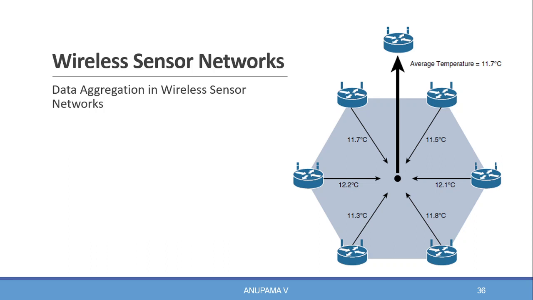Data aggregation in wireless sensor networks, an example is shown on the screen. Here the data aggregation function is in a wireless sensor network where temperature readings from a logical grouping of temperature sensors are aggregated and an average temperature reading is taken.